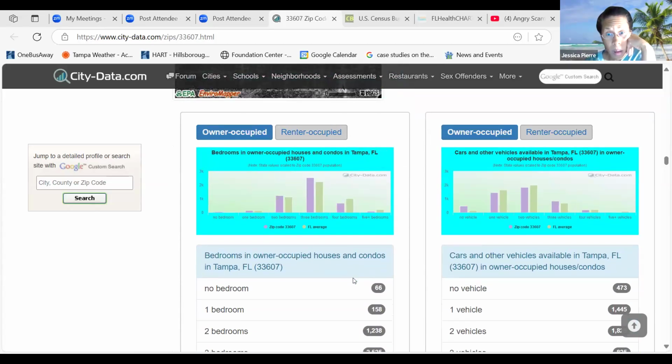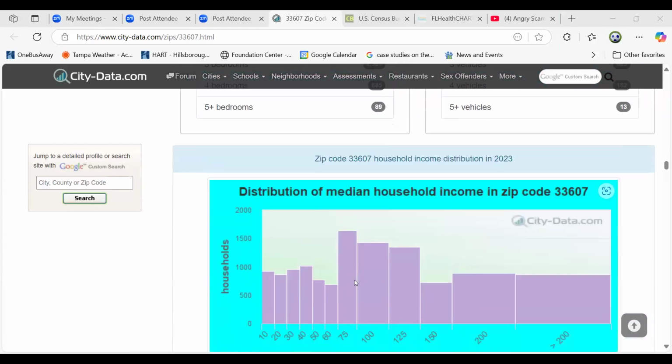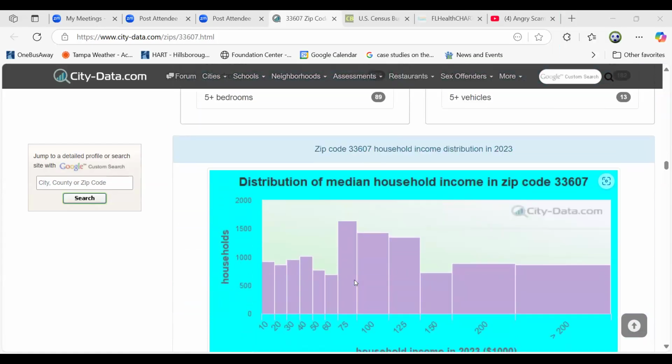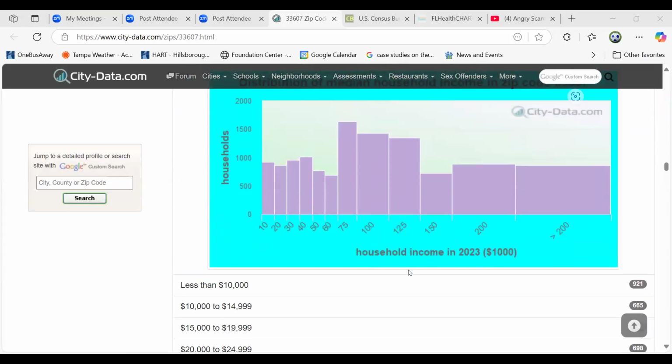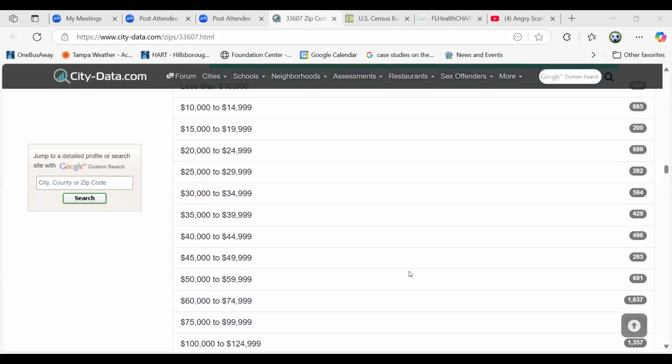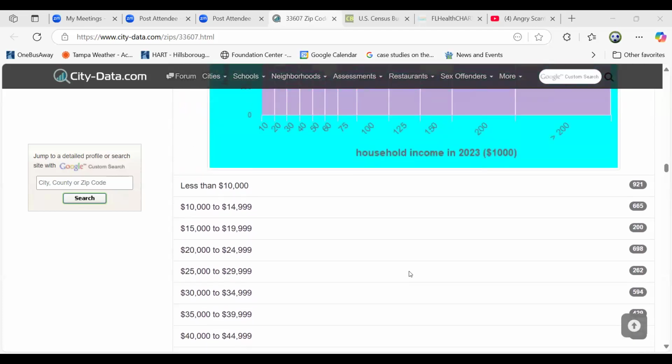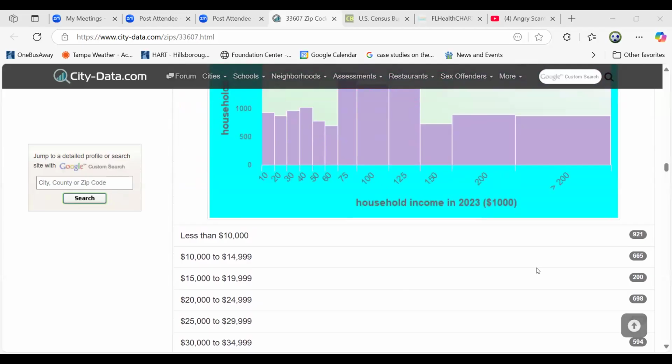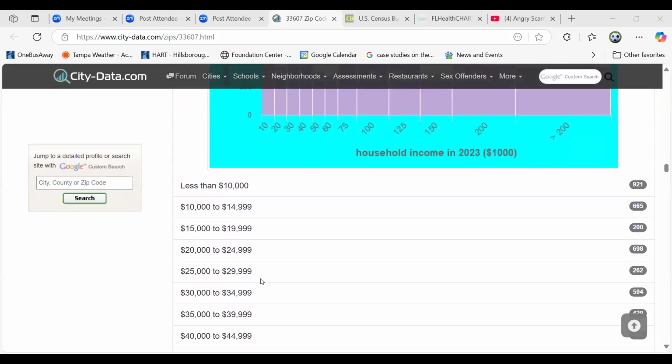Okay, I'm going to go through this. Median income, they break it down and call it a household. This is definitely important because we see that at least 900 people in that neighborhood make less than $10,000. 605 make less than 14,000. Guess what?